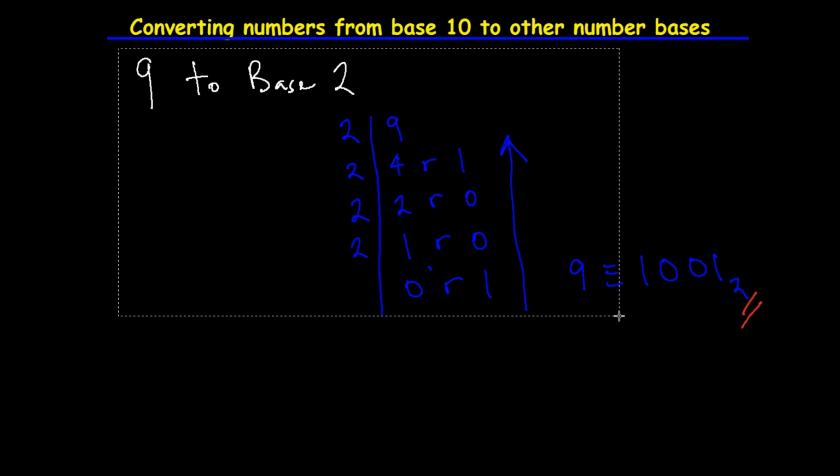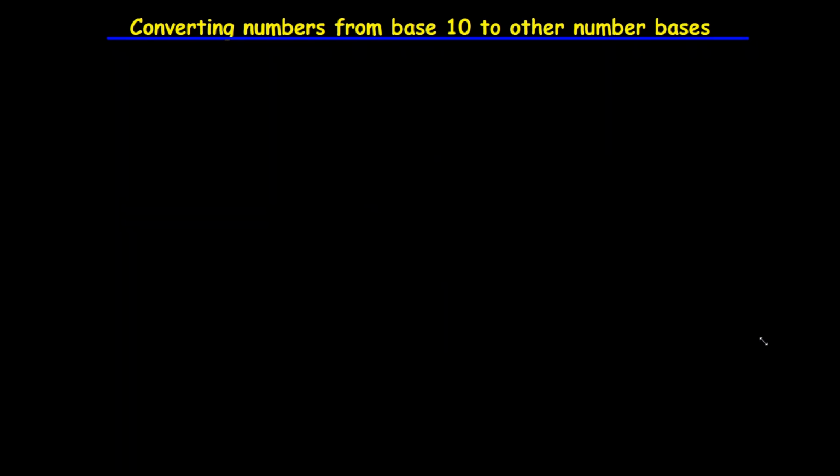Let's take another example. Let's convert the number 31 to base 3, base 8, and base 16. Let's try the first question. To convert the number 31 to base 3, we still carry out the same steps.